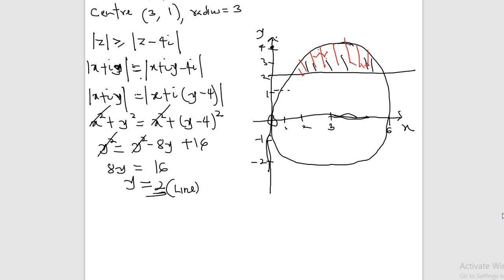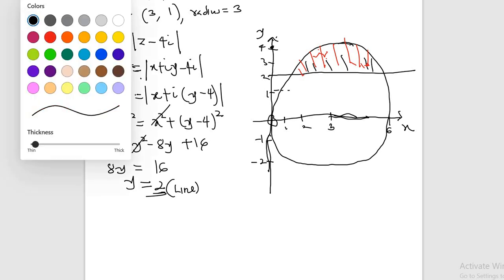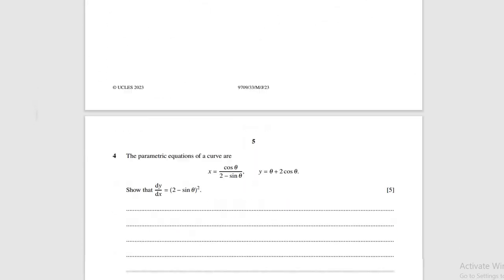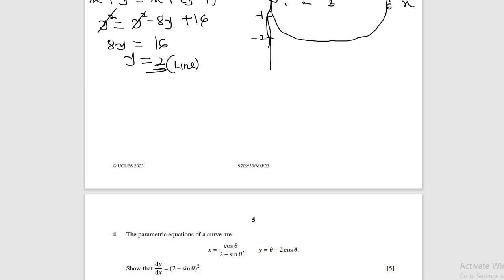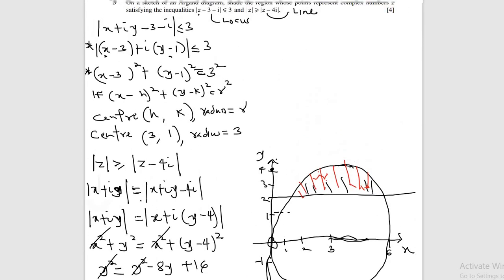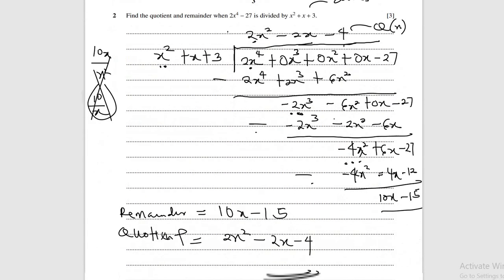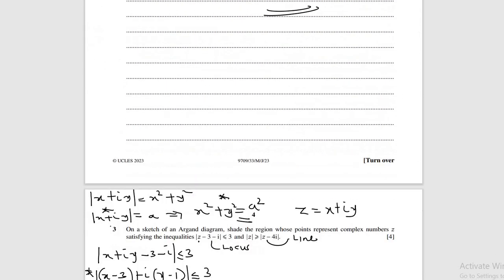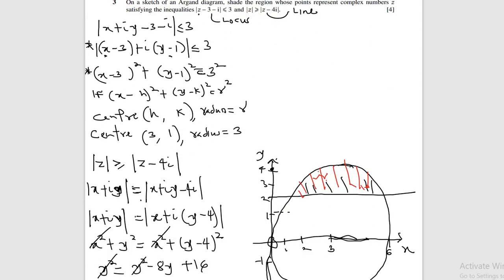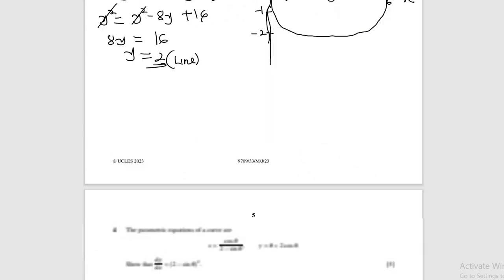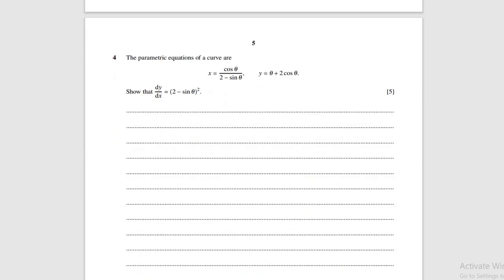That's it. Question? You can put it down in the comment section if you have any question. I think that's what they asked us to do. You have to sketch the inequalities on the same graph. So that's it. Number 4, parametric equation.